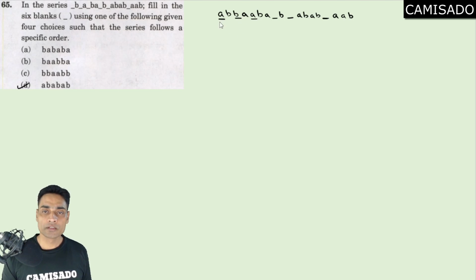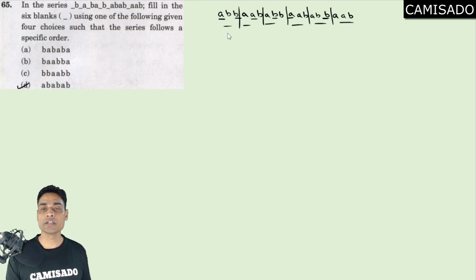See, so A, B, A, B, A, B. Now see the sequence: A, B, B, A, B, A, B, B, A, B, A, B, B, A, B. So this is the series basically. Specific order is this: A, B, B, A, B, A, B, B, A, B, A, B, B, A, B. So D is the correct option.